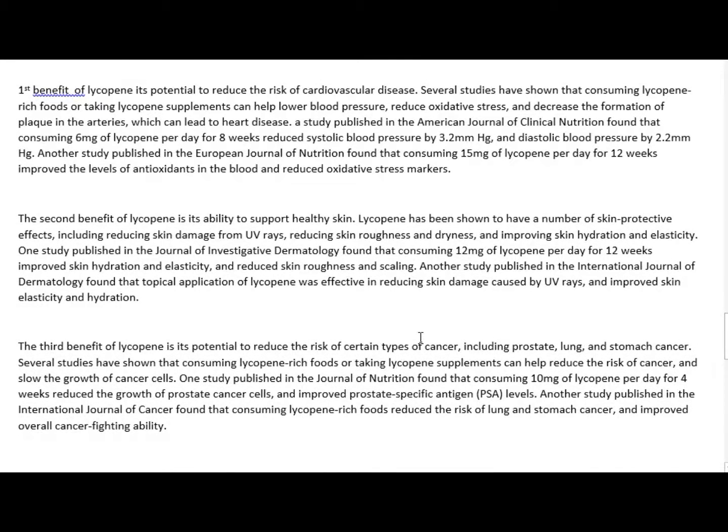The second benefit of lycopene is the ability to support healthy skin. Lycopene has shown a number of skin protective effects, including reducing skin damage from UV rays, reducing skin roughness and dryness, and improving skin hydration and elasticity.